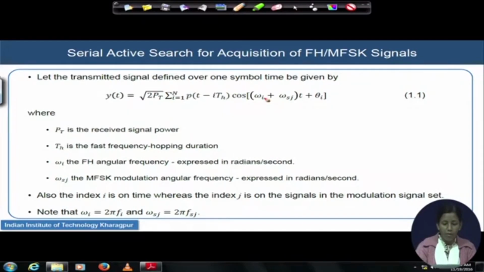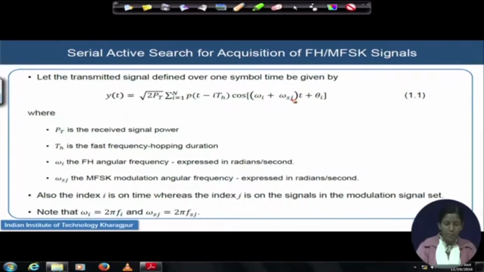So, i will be telling which hopping frequency you are in, j will be telling what modulation tone you are dealing with. So, remember, over a particular duration of the symbol, the j won't change, but i will keep on changing, and we are considering that per symbol we are having capital N number of hops.